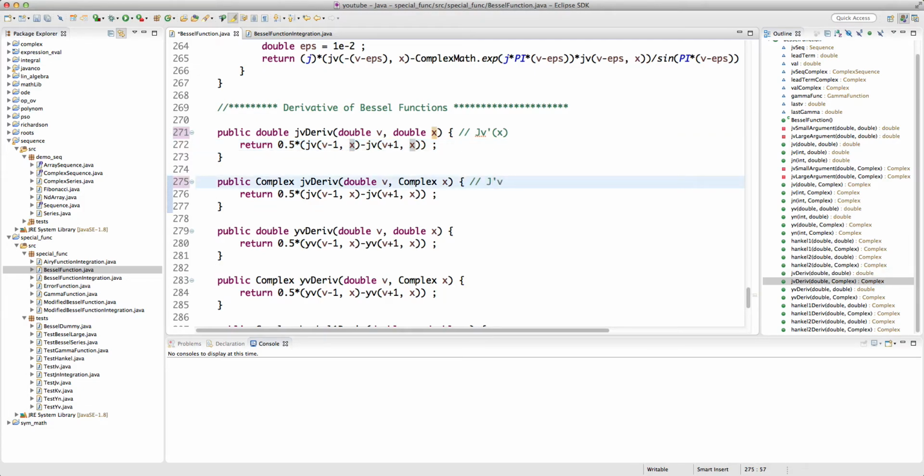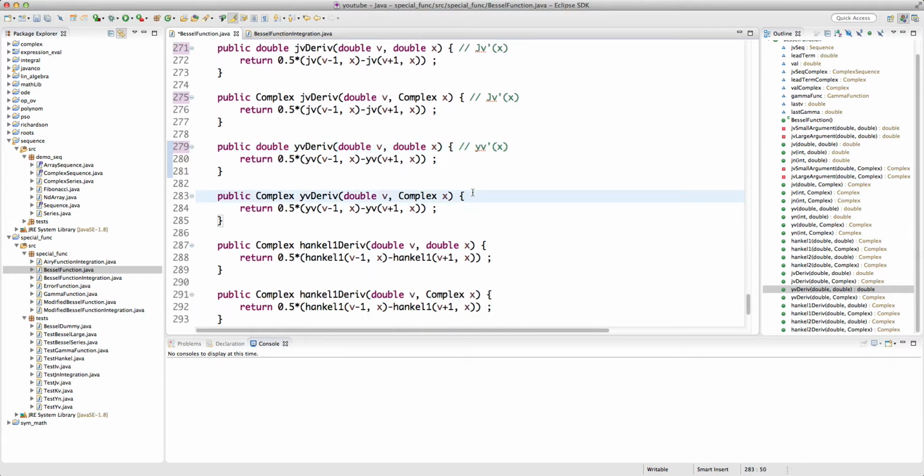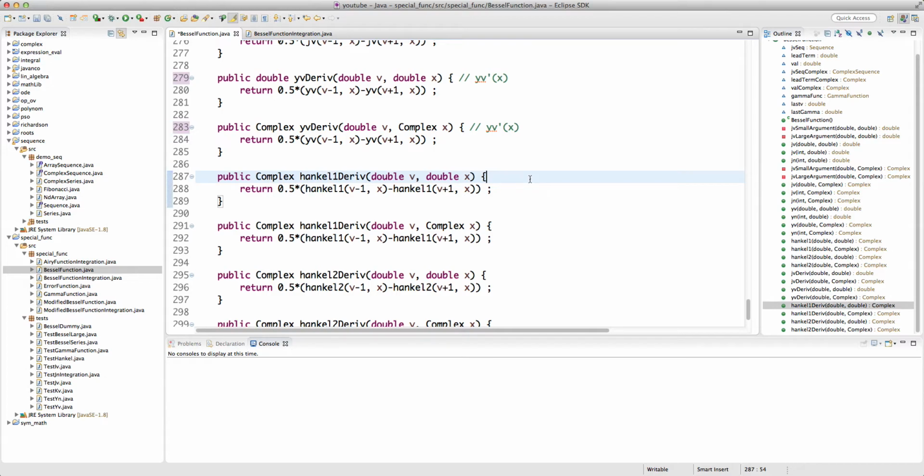So the next one is also j nu prime of x for complex numbers. Y nu deriv, this is the derivative of the Neumann function, y nu prime of x. The next one is also calculating the Neumann function for complex x. And then the next one is the derivative of the Hankel function.